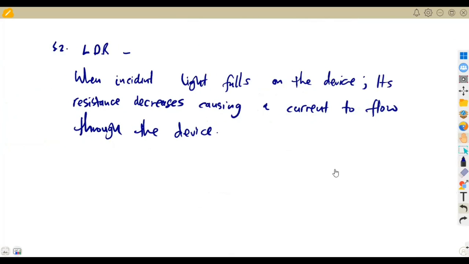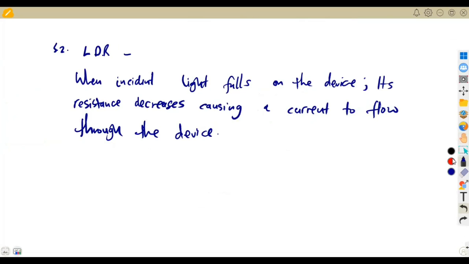So we need the circuit symbol of this LDR, which is 5.31. It's a resistor that is depending on light, like this.